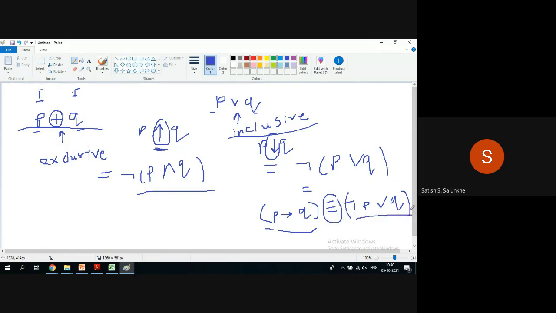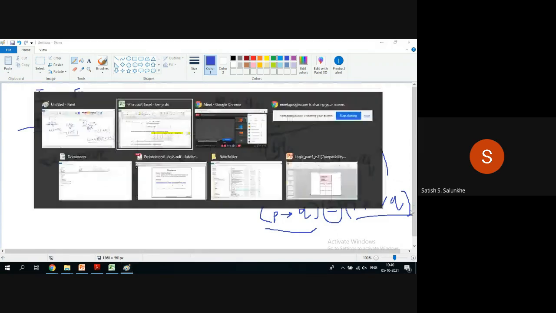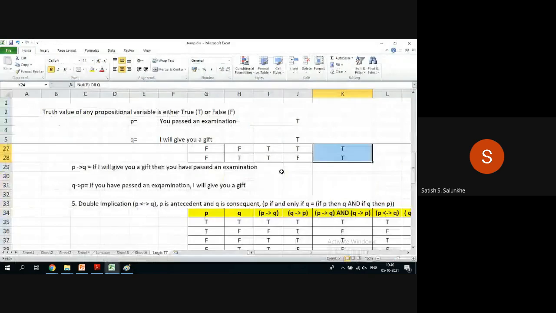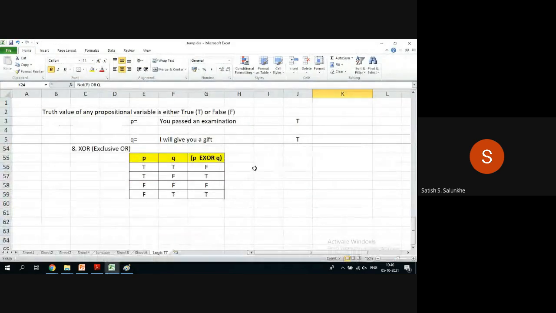That's it. So what point do I need to highlight here? There are three things which you need to learn. I'm talking with respect to P implies Q now. The first thing is the converse.